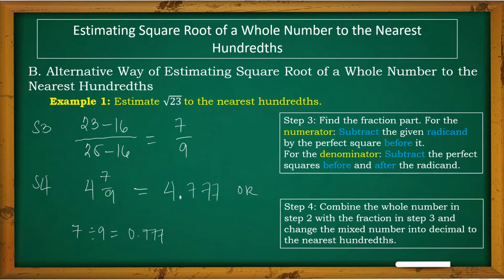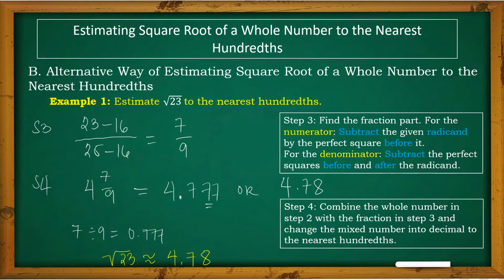Or, i-round off natin sila. So, that would be 4.78. Kailangan dalawang decimal places lang kasi nearest hundredths. So, ngayon, isulat na natin yung final answer natin. The square root of 23 is approximately equal to 4.78. And that would be your answer.